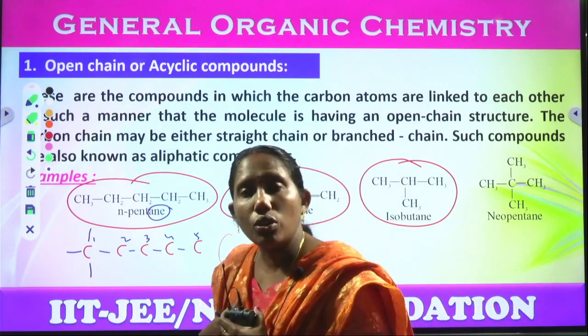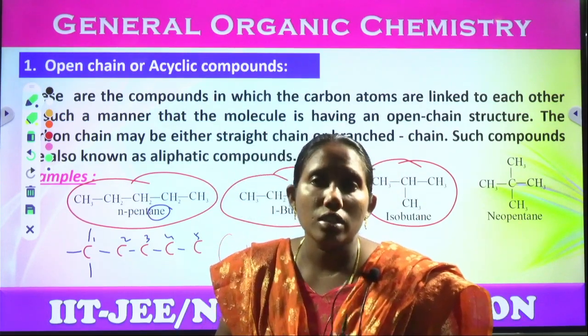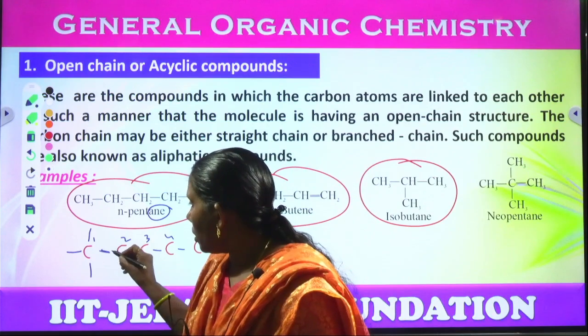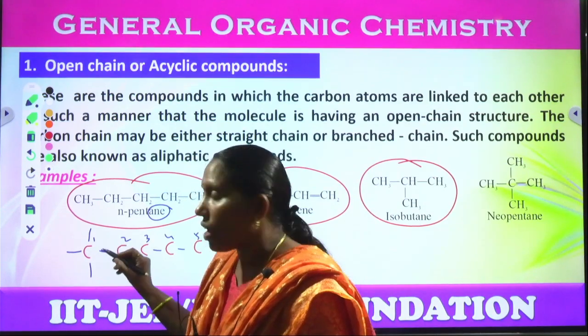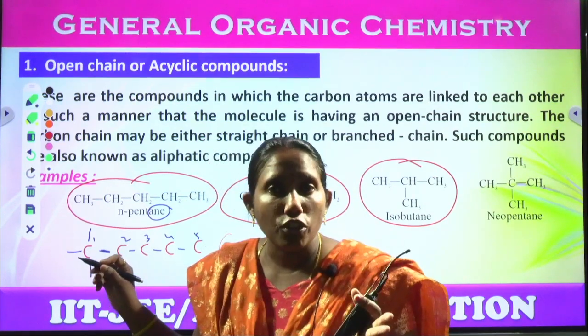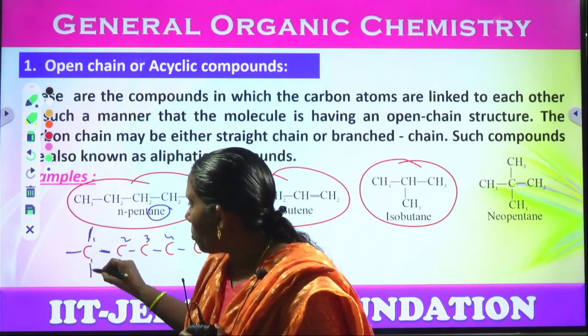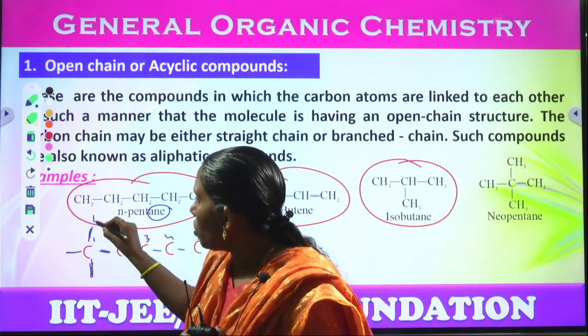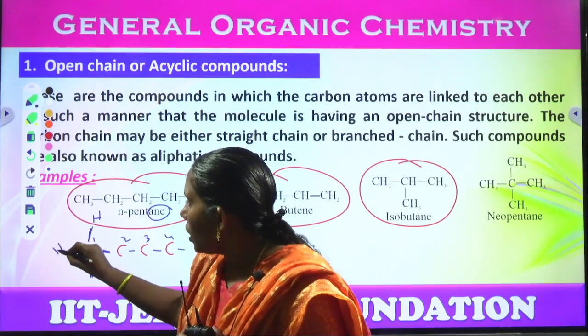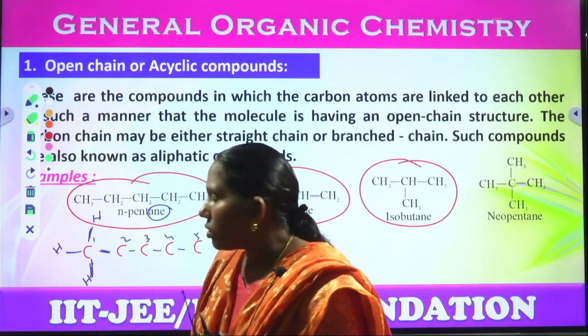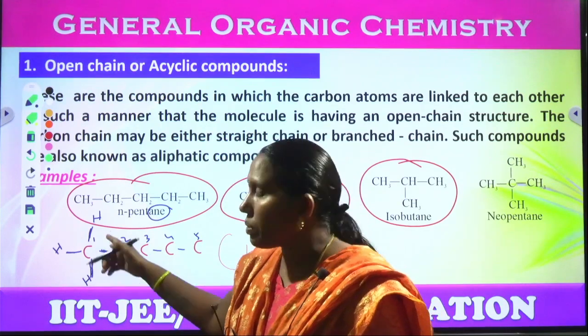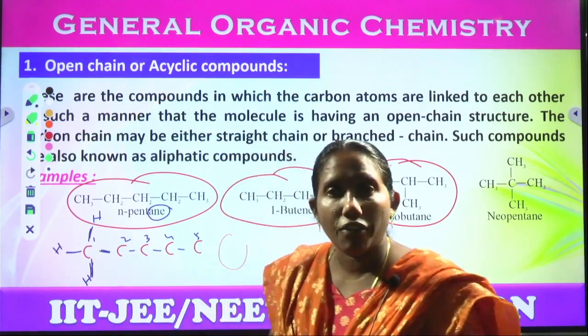Now I want to check the tetravalency of carbon. This first carbon has only 1 bond, but it should have 4 bonds. So to satisfy that, I wrote 3 more bonds here, which are nothing but CH3, H, H, H. So the first carbon is satisfied with tetravalency.